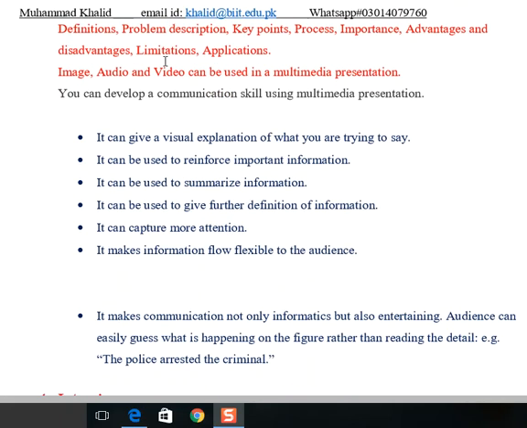In multimedia, these points must be included: precise definitions, problem description, key points, process, importance, advantages and disadvantages, limitations, applications. Screenshots, images, audio and video should be part of multimedia presentations.